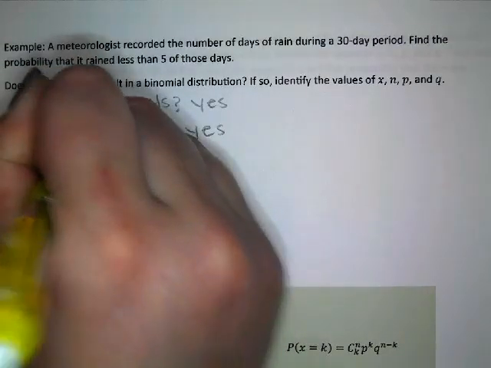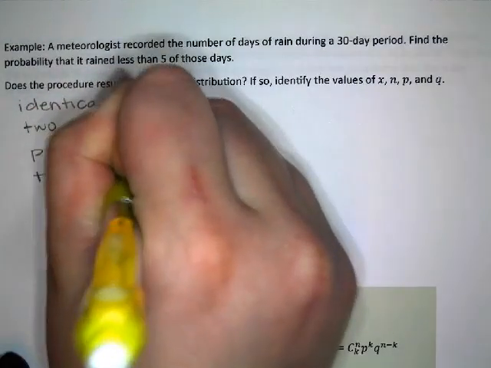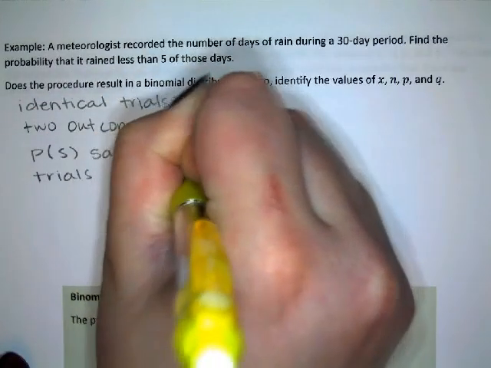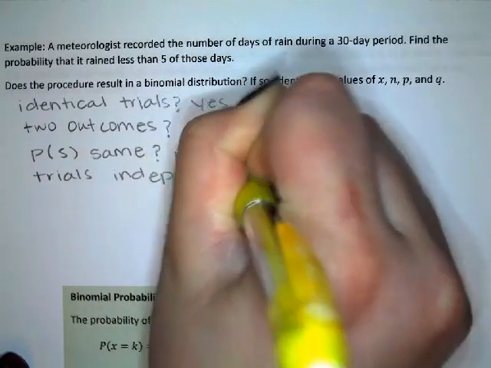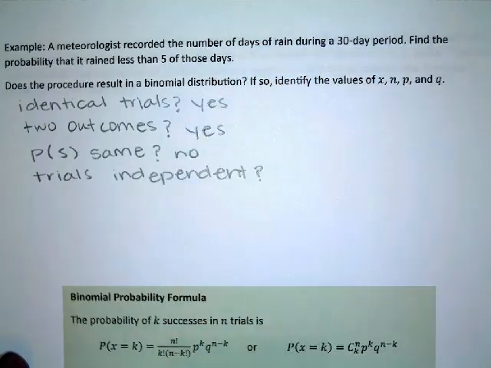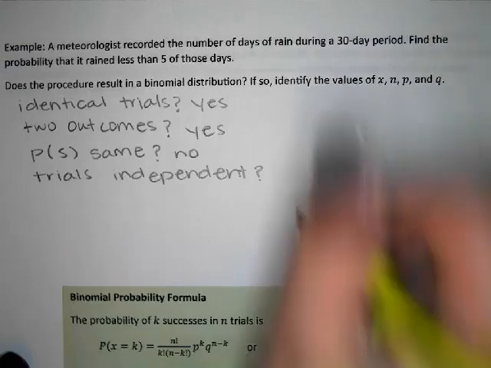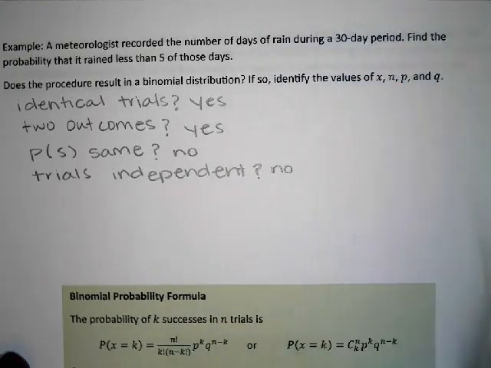Are the trials independent? This answer is not as clear-cut as the probability of rain, but I would say no for this one as well, just because rain tends to come in clusters. So we wouldn't say that if one day it rained, the next day is completely dependent on the day before.